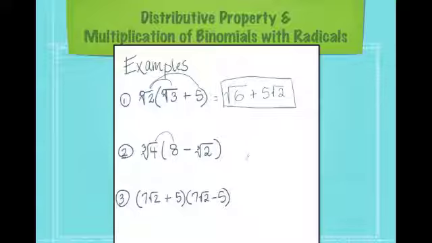Here, I'll multiply and get 8 cube root 4 minus the cube root of 4 times 2, which is 8. Well, the cube root of 8 is 2, so I can simplify that a little further.